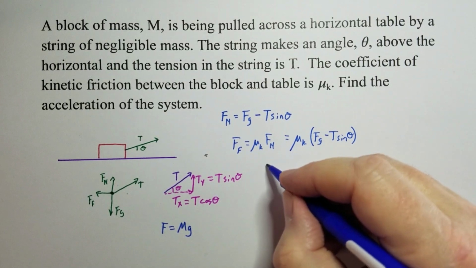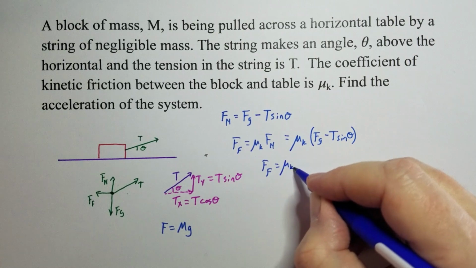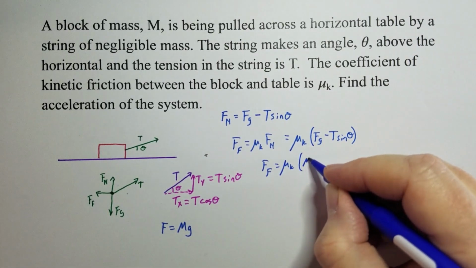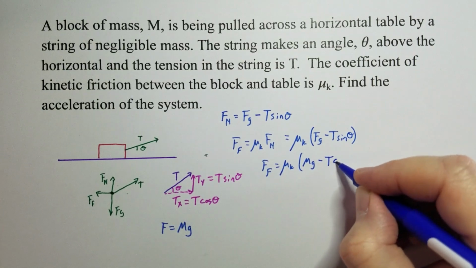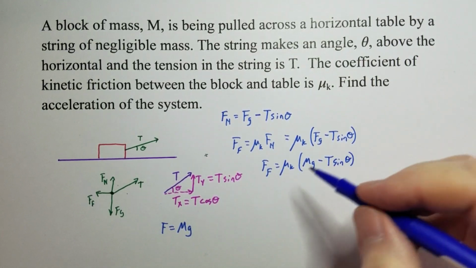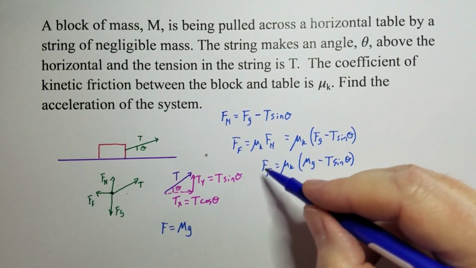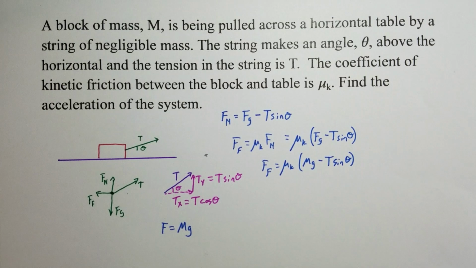So this becomes mu k times mg minus T, for tension, sine of theta. All right, so we've got a complicated friction term that we're looking at.